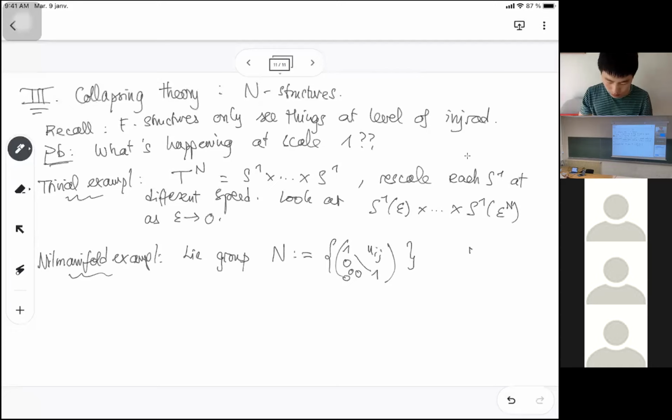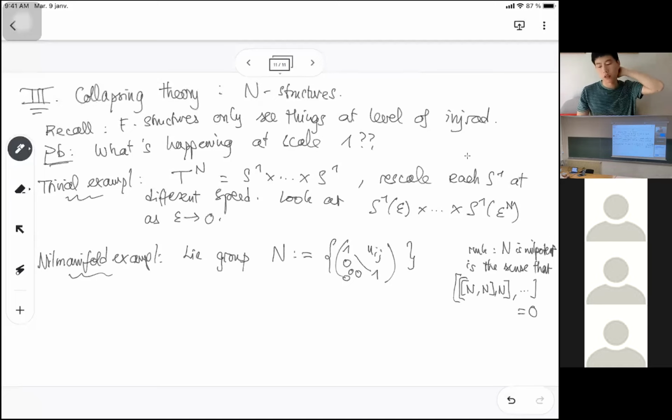So N is nilpotent, in the sense that when you take commutators enough times, you will get the trivial group. That is called a nilpotent group.